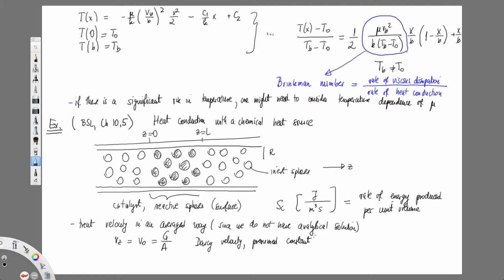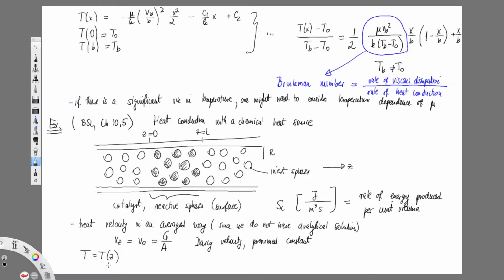And what I'm looking for is the temperature as a function of z. I have reaction going on, so there's certain energy that is constantly converted to heat within this volume.